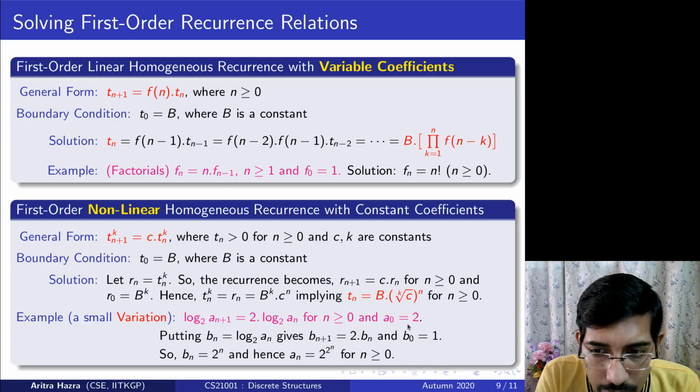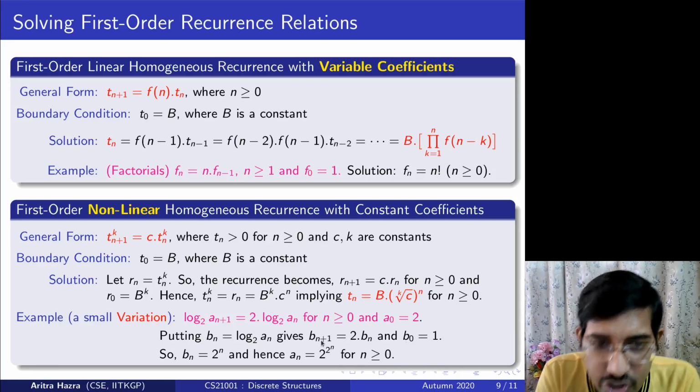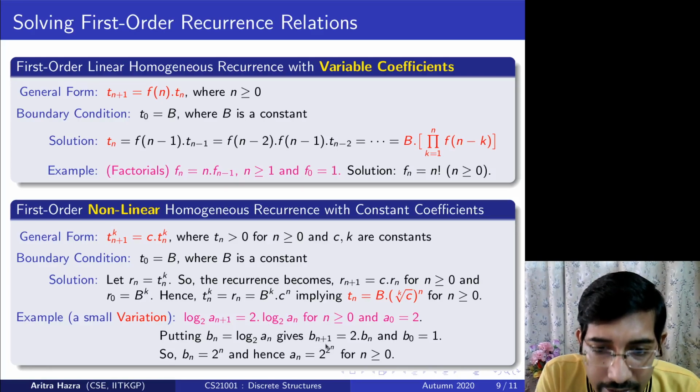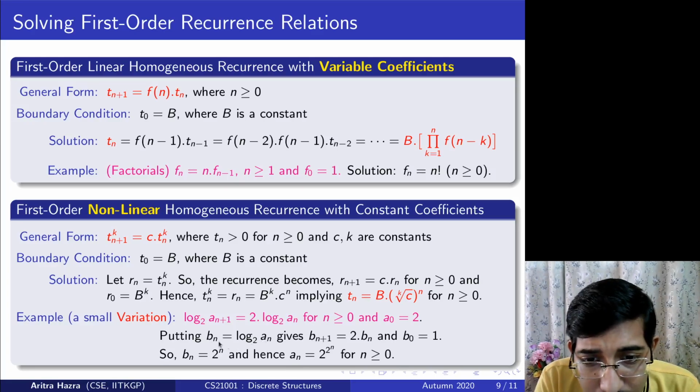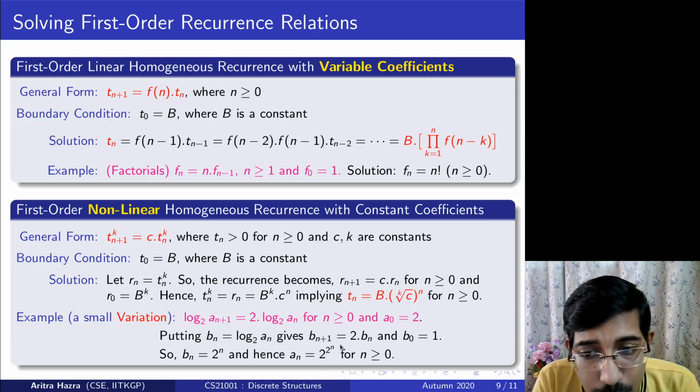So don't forget to transform this also when you go for exchanging the general format of a given recurrence into a linear recurrence. So then I get b_n equal to 2 to the power n into b_0 which is 1, so it is 2 to the power n. Now a_n becomes 2 to the power b_n, because b_n I have assumed as log a_n base 2. So the answer is 2 to the power 2 to the power n.